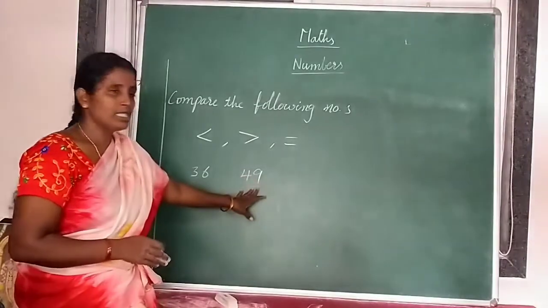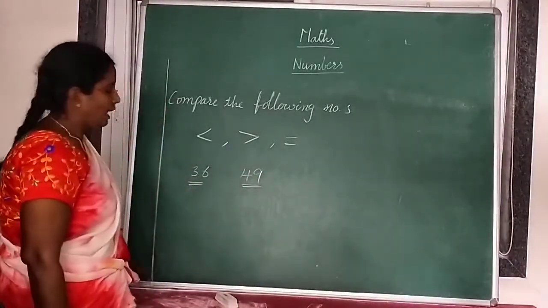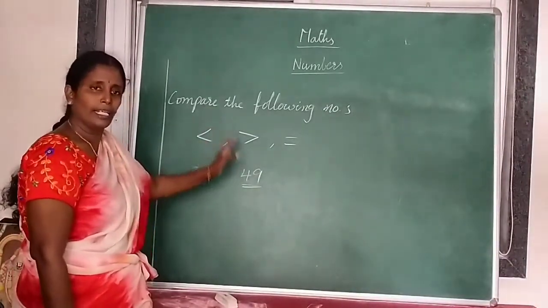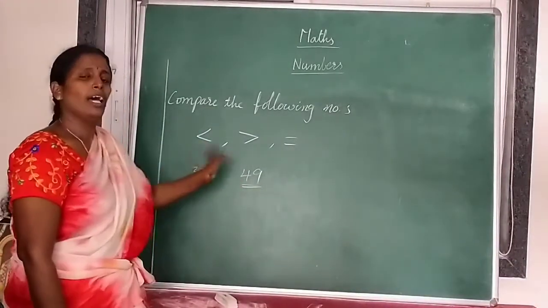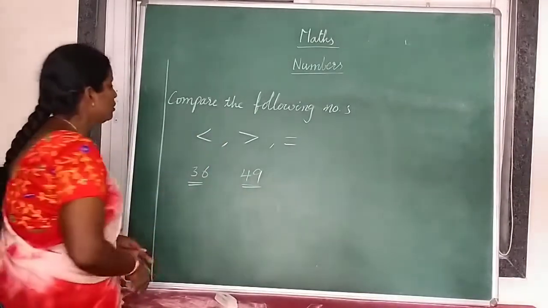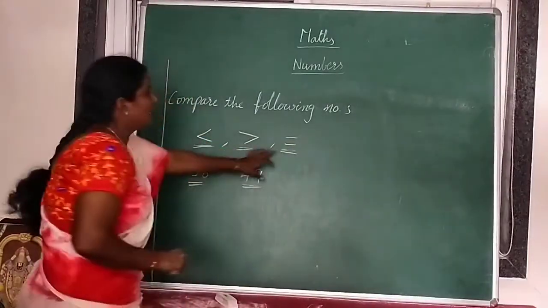Similarly, if we compare these numbers, either one number is smaller than the other number, or greater than the other number, or equal to it. So to show this, we have to use these 3 symbols.